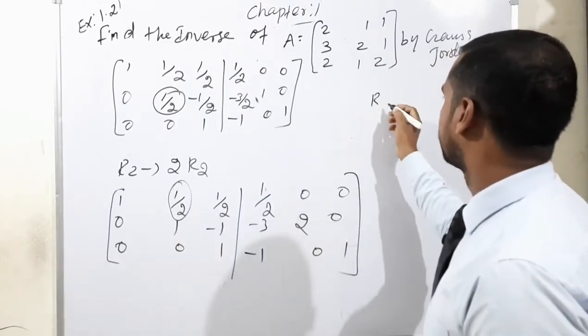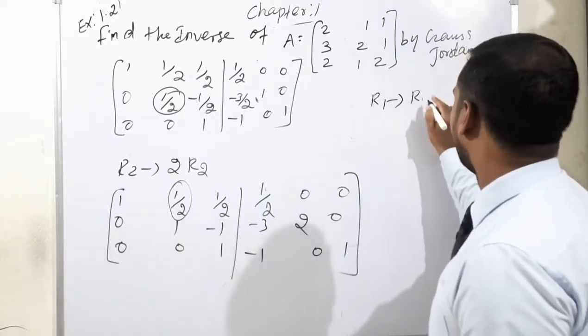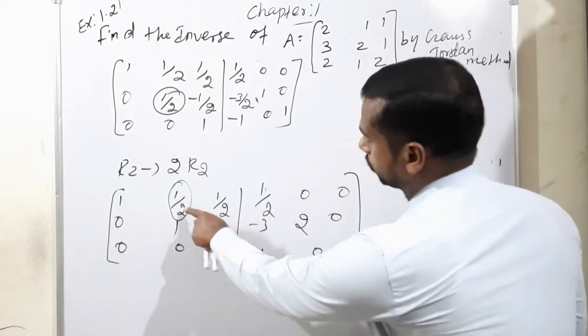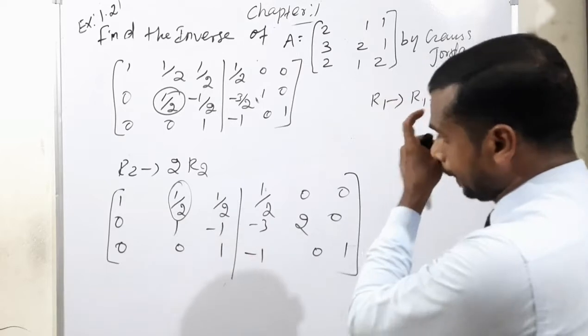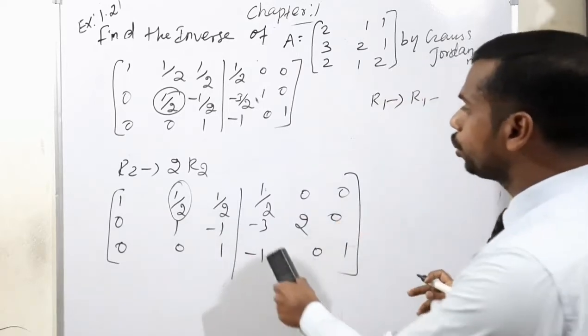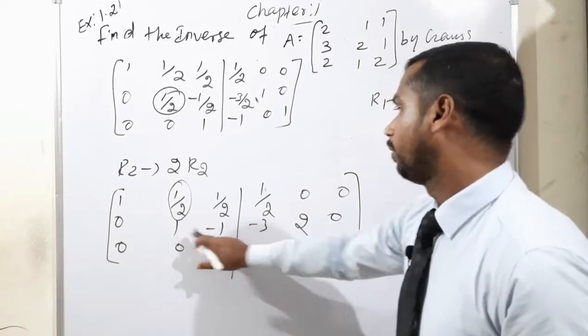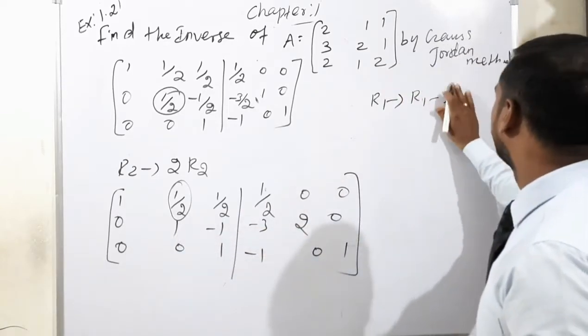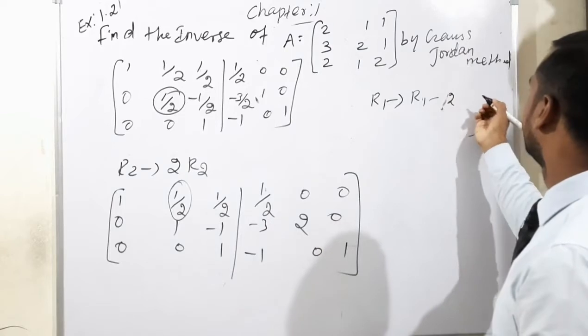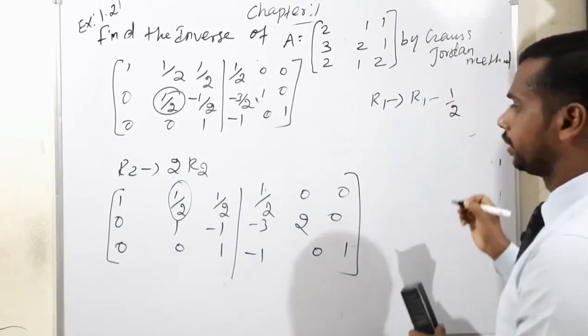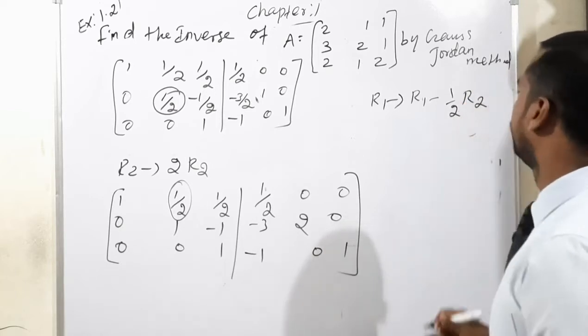Center term 1 is there, so R1 gives R1 minus 1 by 2 into R2, isn't it? Check it there, we will get 0.